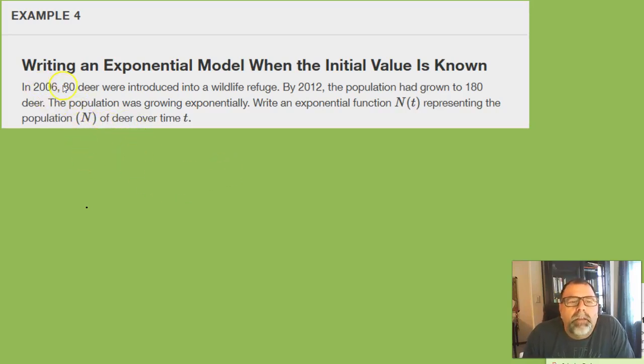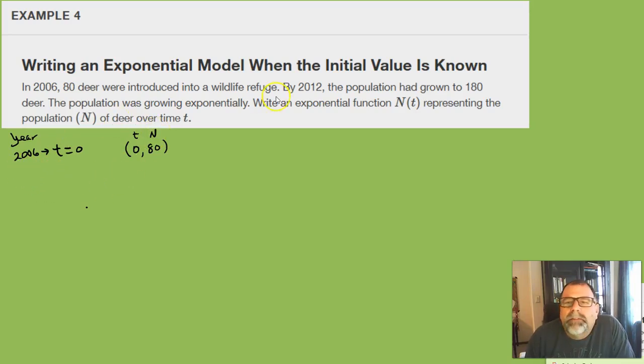So our initial value here, we're going to say t is equal to 0 when in the year 2006. So we're going to use that as our initial time. Okay, so they basically gave us an initial value. We have 80 deer at time 0. So this is t and this is n, the number of deer.